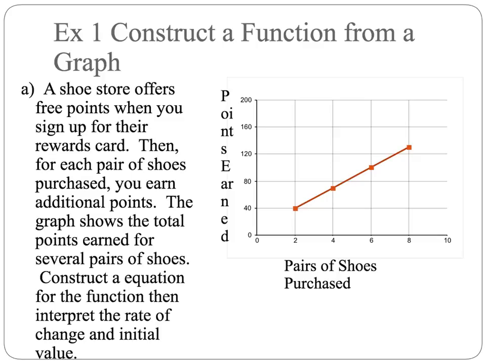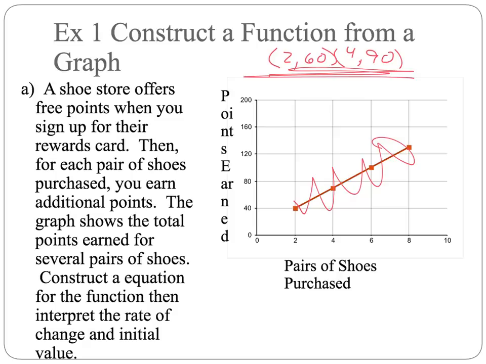So, regardless, from the graph, you're going to pick 2 points. The points we want to pick are going to be 2, 60 and 4, 90. Again, my graph is wrong. My graph should be shifted up just slightly. So you don't want to use the graph. We're going to use these 2 points.